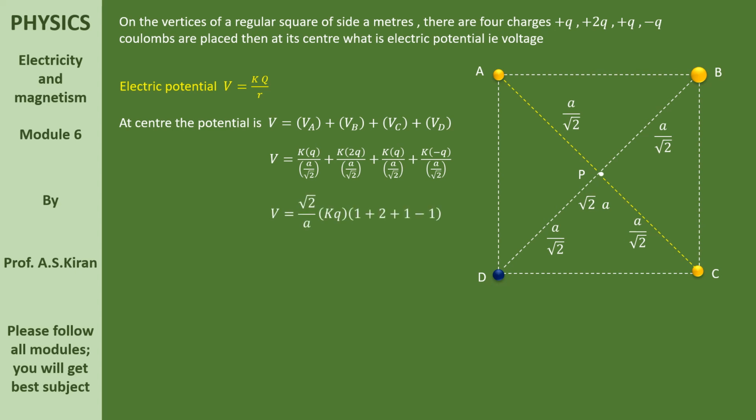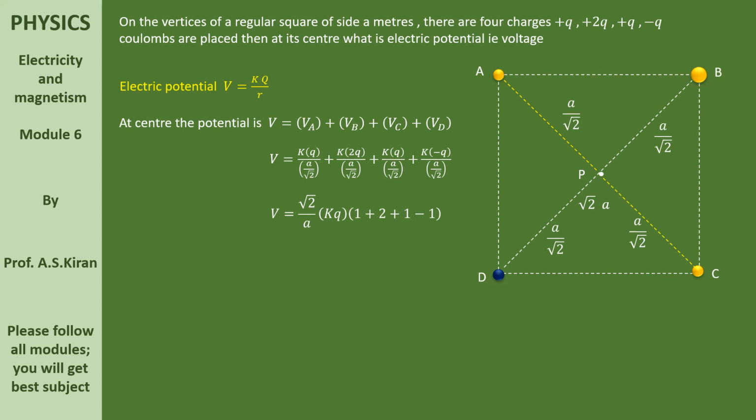Here the result is, A by root 2 is the common factor. You can bring that as common. You will be getting root 2 by A in the numerator. Root 2 by A common. In all the terms there is kq common.